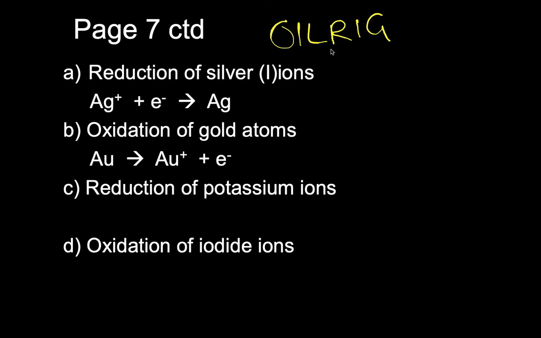Again, reduction is the gain of electrons, so our potassium ions are going to gain electrons to become potassium atoms. And lastly, we have the oxidation of iodide ions. Iodide ions are going to be losing electrons to form iodine atoms, or diatomic iodine, and that is us done.